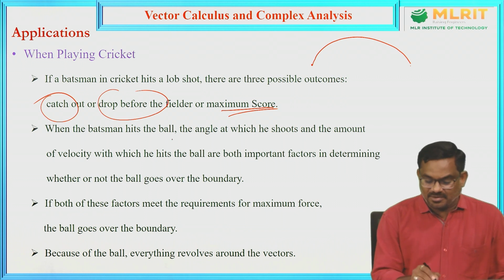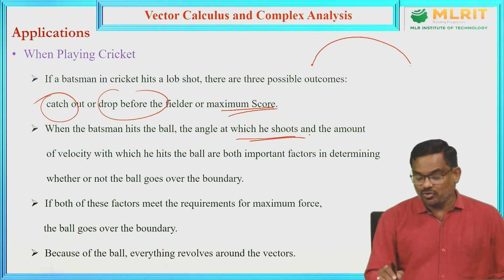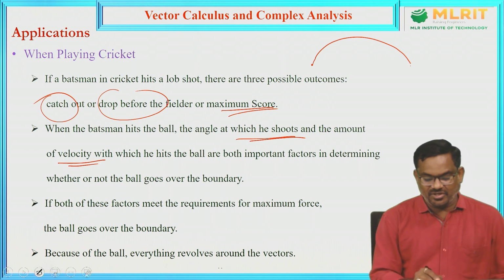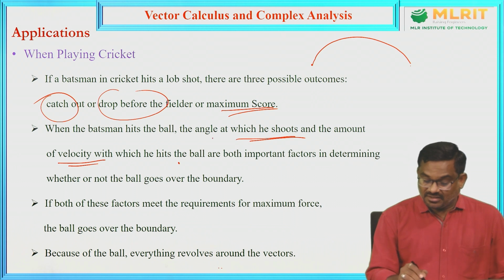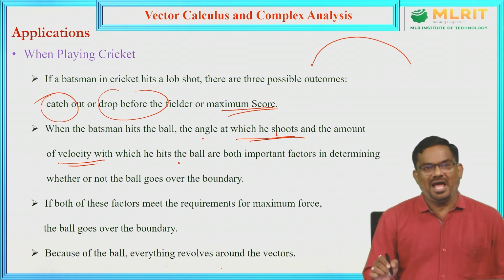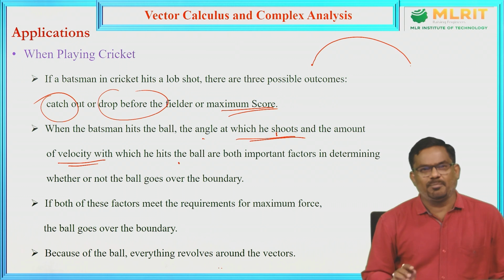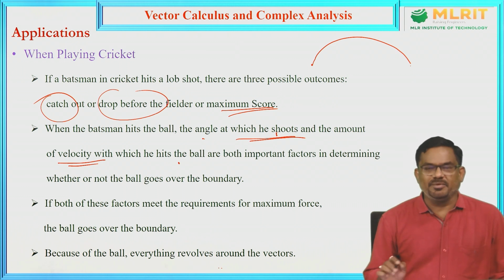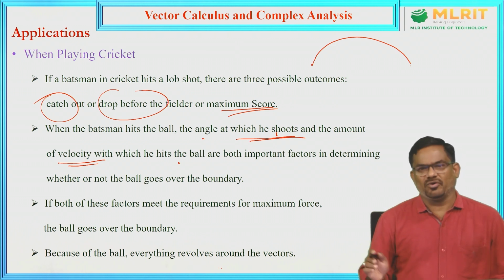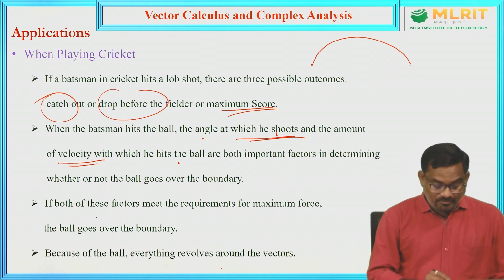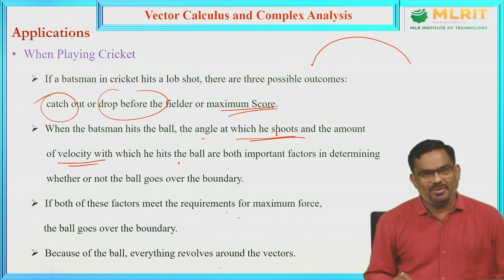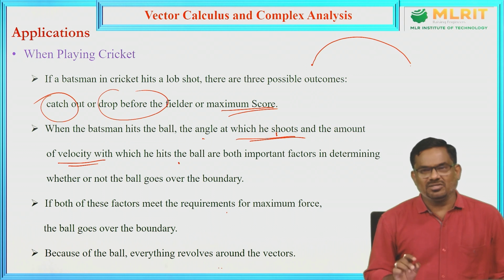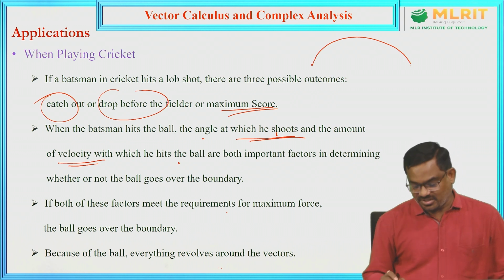The angle at which he shoots and the amount of velocity with which he hits the ball are both important in determining whether the ball reaches the boundary or not. If both of these vectors meet the requirements for maximum force, obviously the player will get a boundary. So everything revolves around vectors in playing cricket.